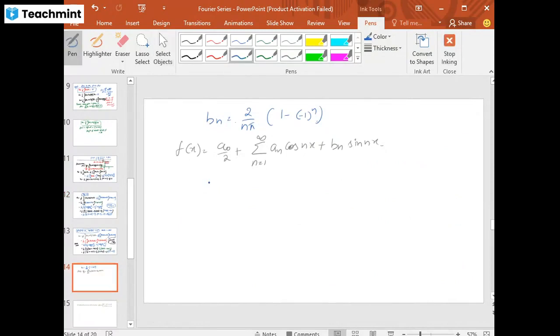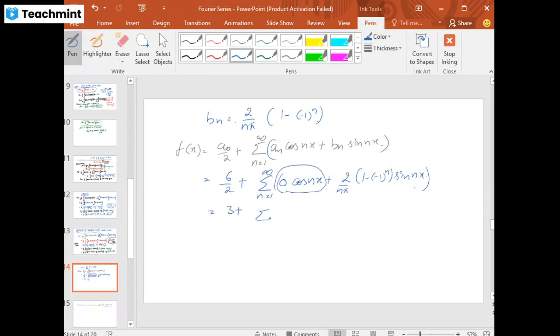So if we substitute here, a naught is 6, so 6 by 2, an is 0, so 0 into cos nx, and bn is 2 upon n pi, 1 minus (minus 1) raised to power n times sine nx, or this is 3 plus this term is 0. So because this term is 0, this whole term is 0.